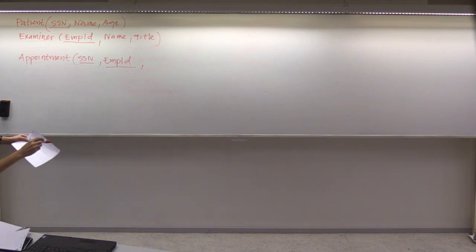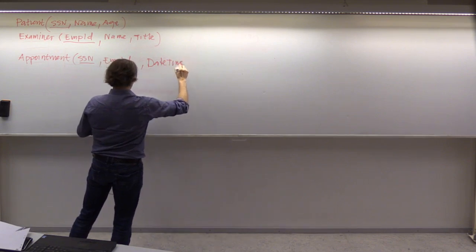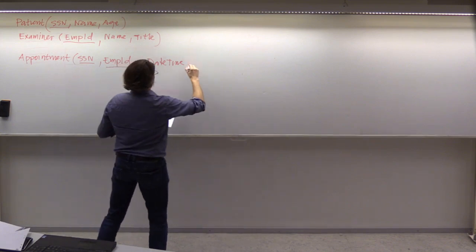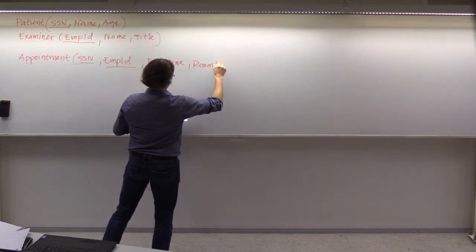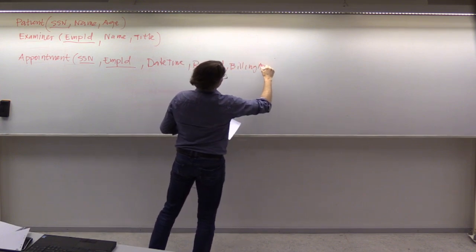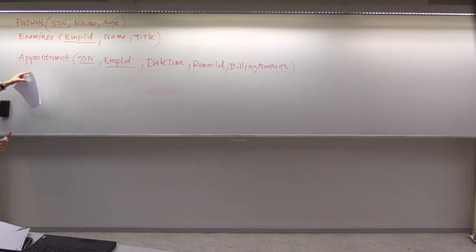And then we had the date time. And we had that room ID and the billing amount. So that's our new schema based on the patient and examiner entities.